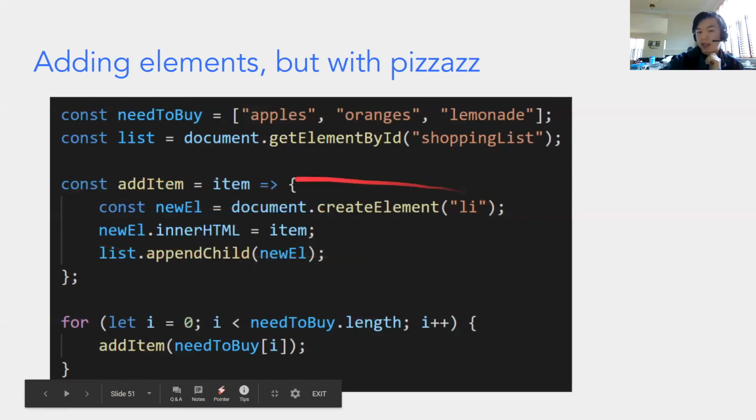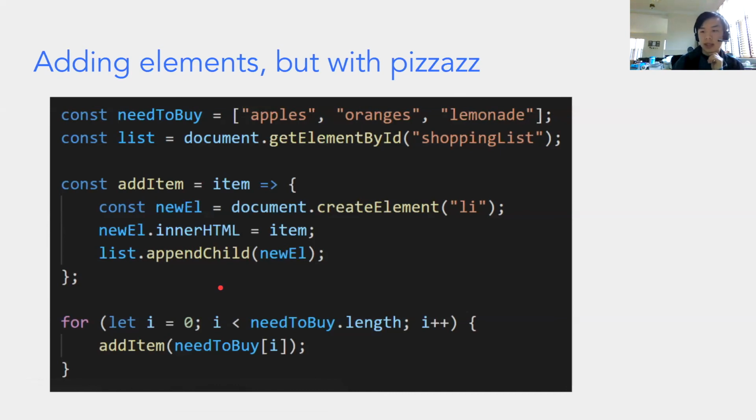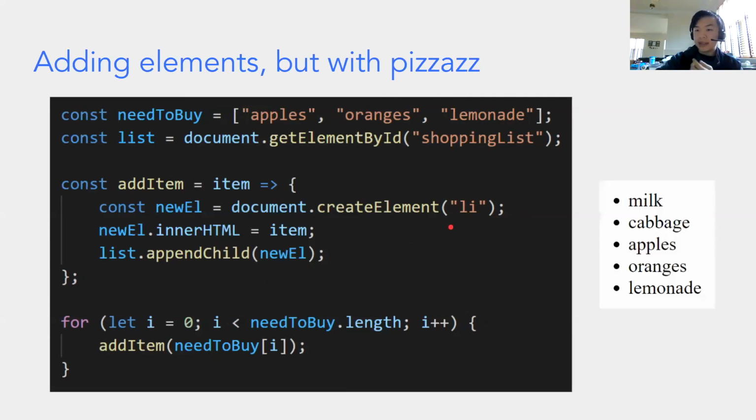This content is exactly what was on the previous slide with adding a new list item, except now we're going to run it on every element in need to buy. And this will do exactly what it sounds like. It will start with whatever list is there, and it will take every element of this array and attach it to the end of the list.